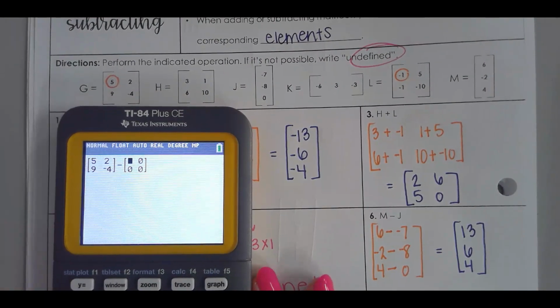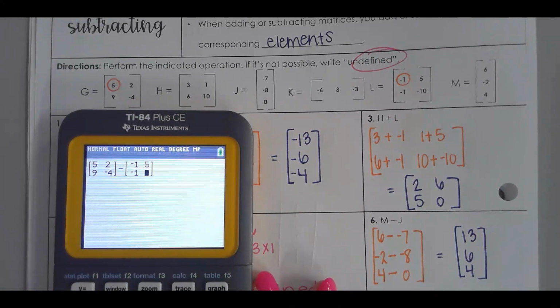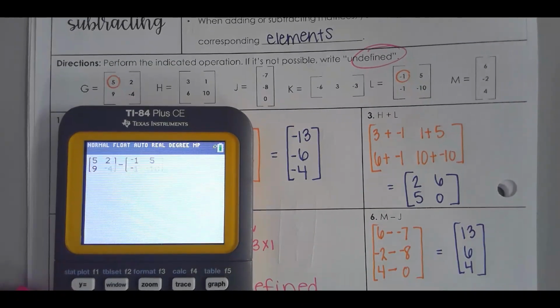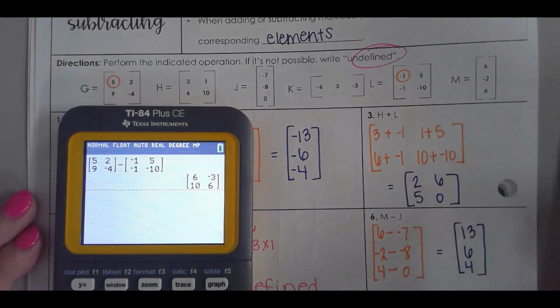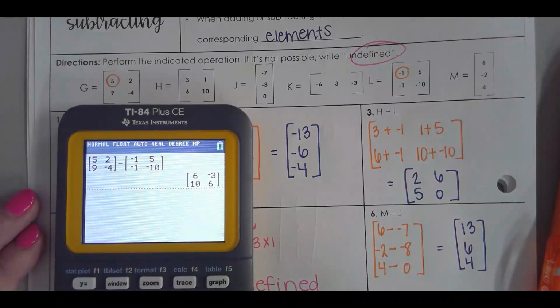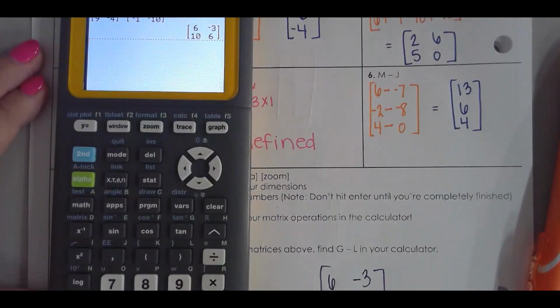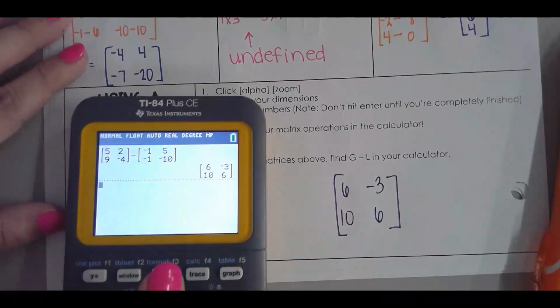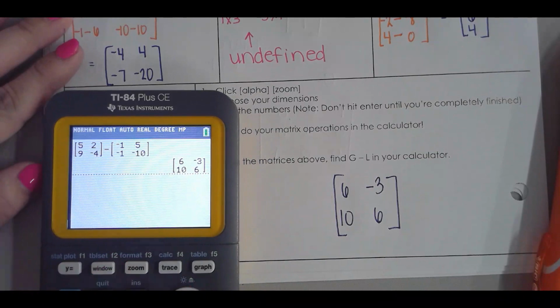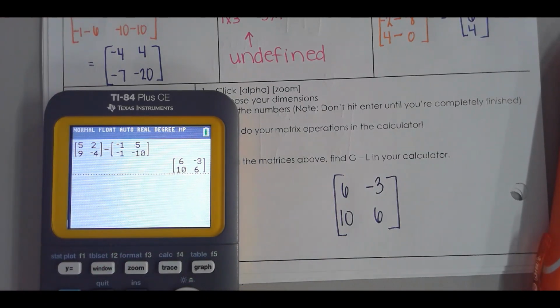L is -1, 5, -1, -10. And that gives us our answer. Any questions?